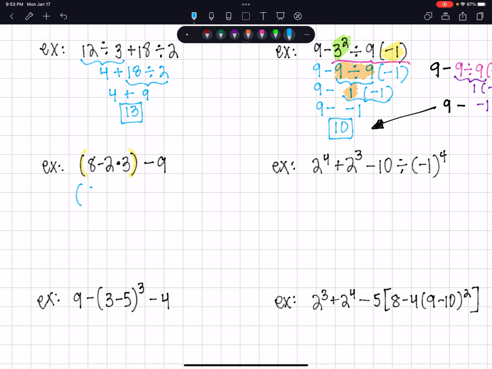So I have 8 minus 2 times 3, which is 6, and then minus 9. 8 minus 6 is 2, minus 9, and then 2 minus 9 is -7.